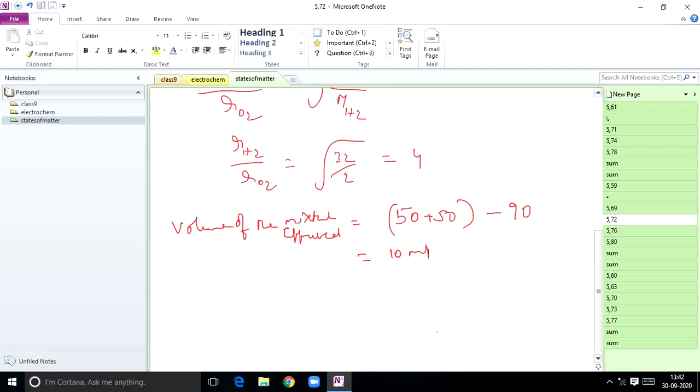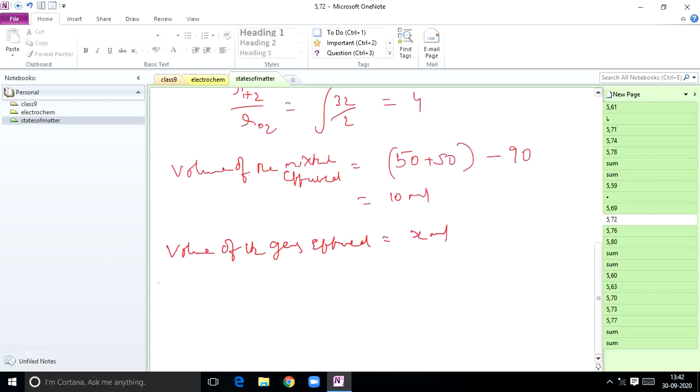So out of total volume, now volume of hydrogen gas effused is equal to X ml I am taking. At the same time, volume of oxygen effused, how much it will be?